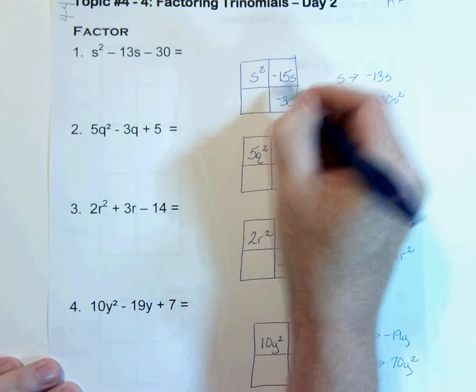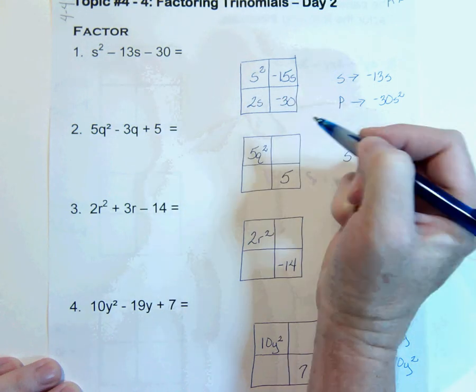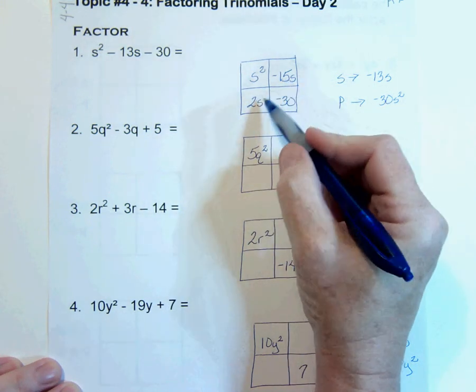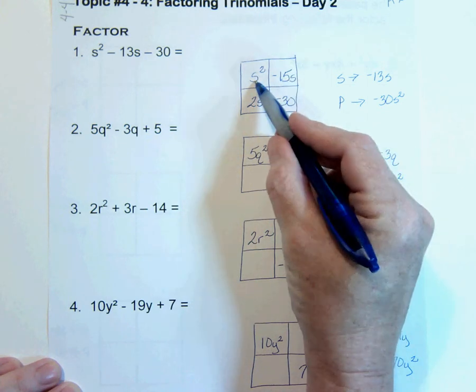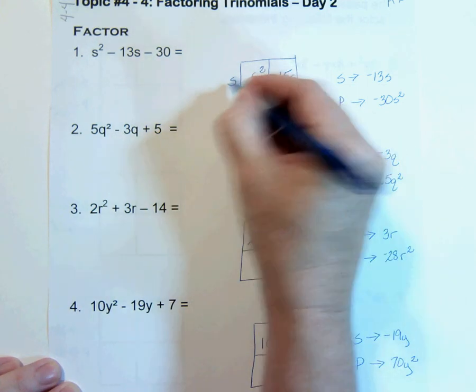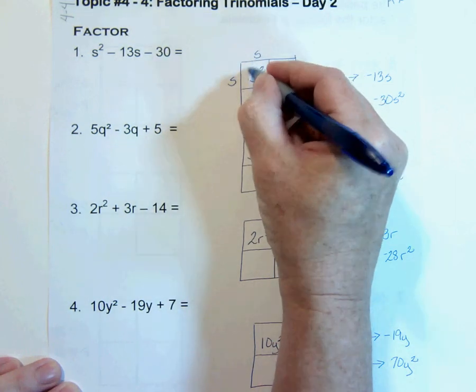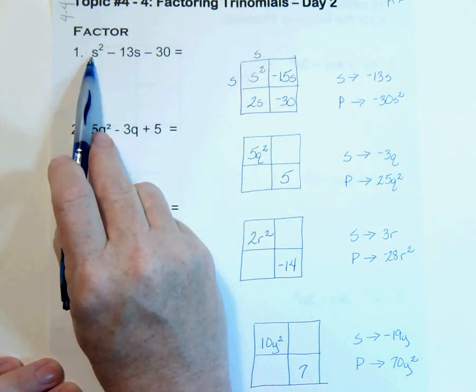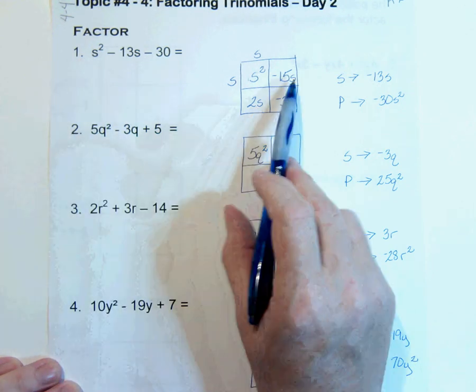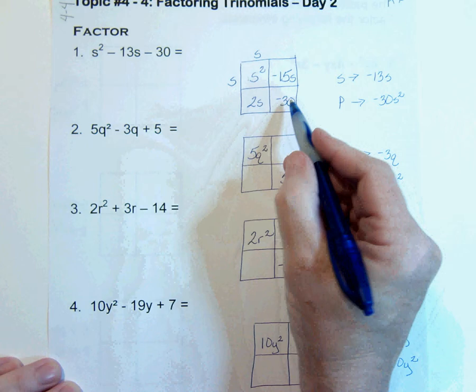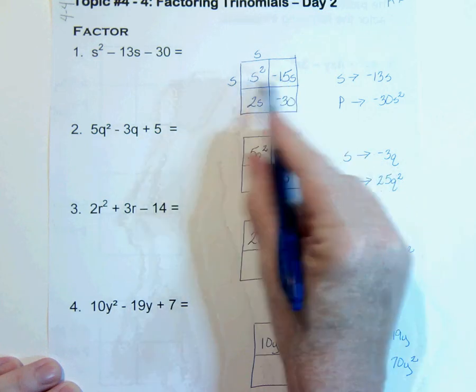and a 2s. And in this case, it really wouldn't matter which placement you put that, because this is only an s. If it has no number other than 1 in front of your trinomial, then it wouldn't matter which way you put these in. But in this case, you would look at what this is going to be multiplied.